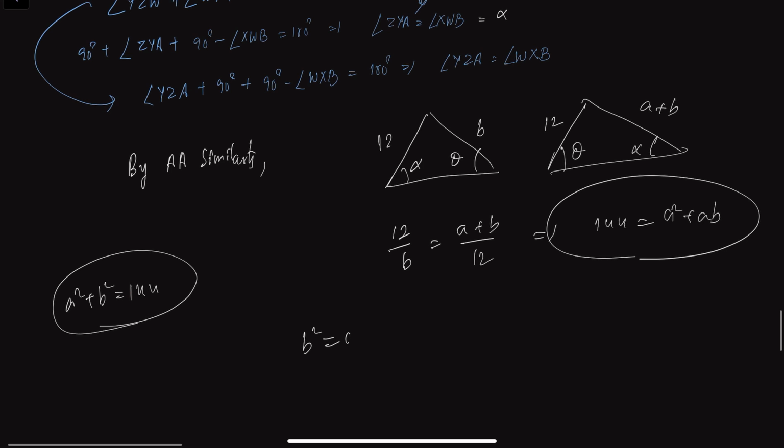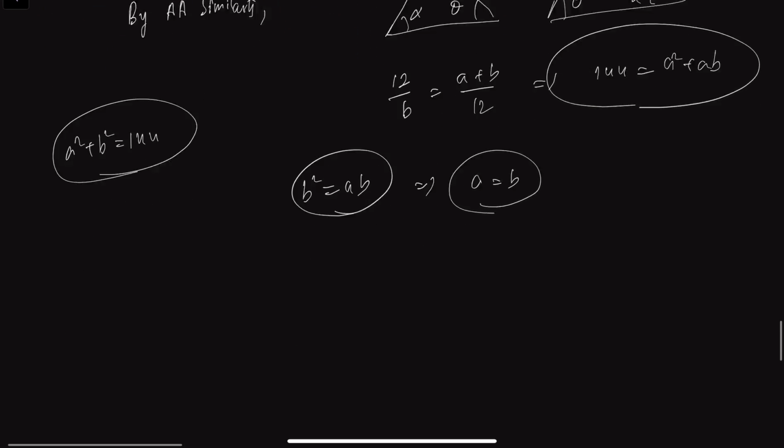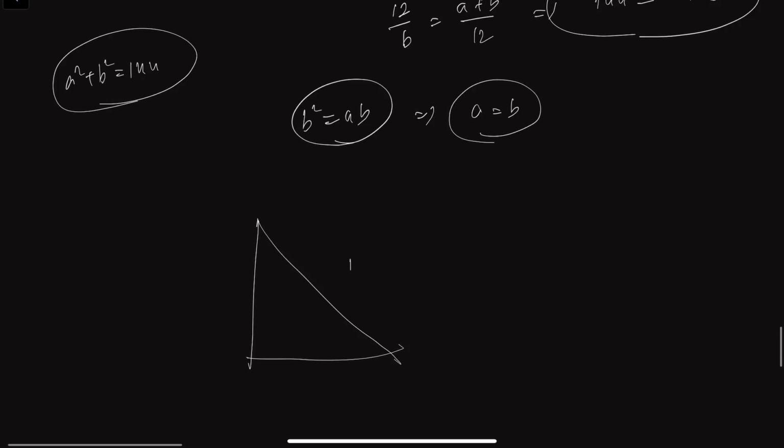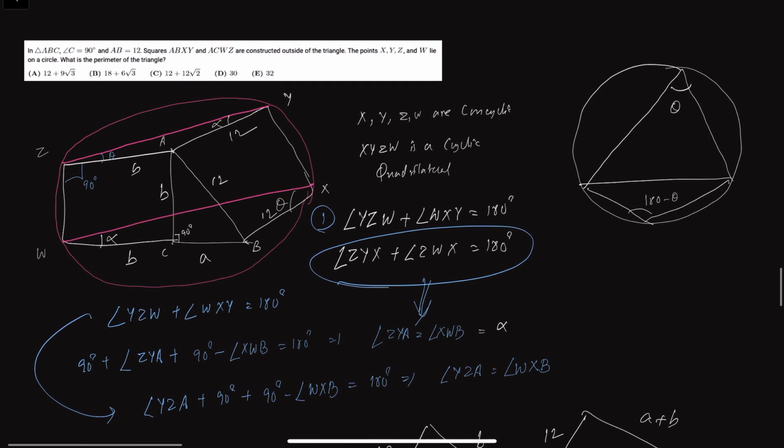That means B square is AB, so A is nothing but B. So the right angle triangle is isosceles with hypotenuse 12, and A is 12 by root 2. The perimeter would be 12 by root 2 into 2 plus 12, which is 12 plus 12 root 2. Therefore the correct option is option C.